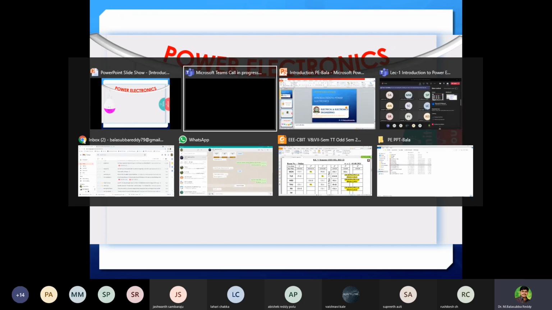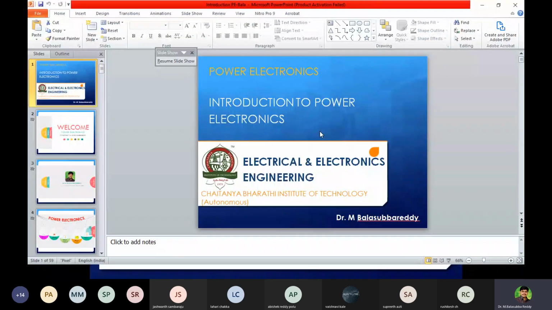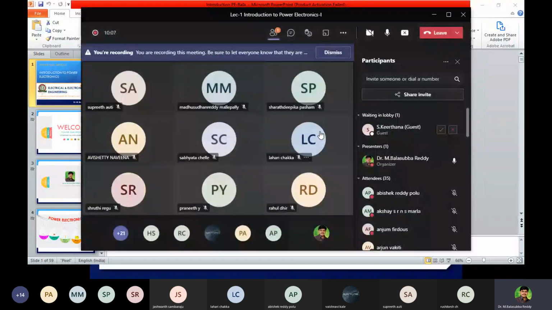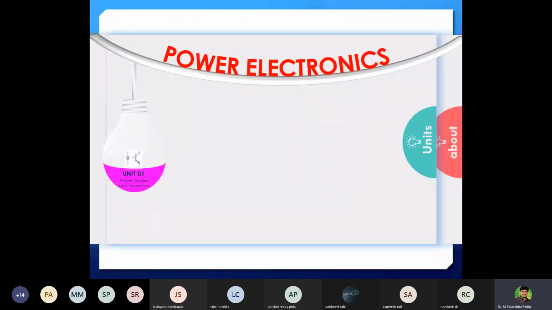Any controller may have many components, but whatever the controller, what we'll do is only switch on the device. The device may be anything. We may have a lot of devices.